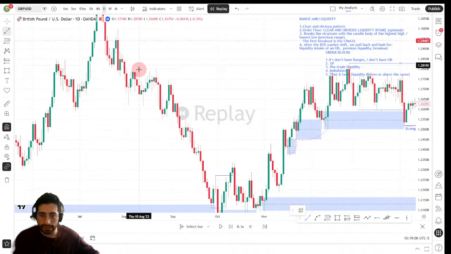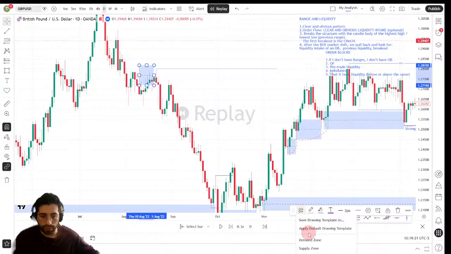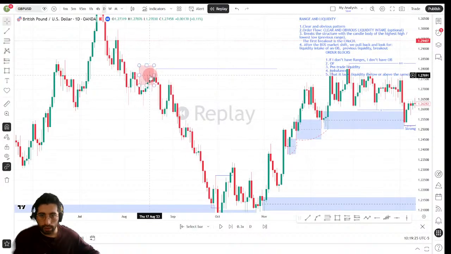Let's say that yes, this one works, right? Why does it work? Again, we have here order flow, and then it has a pattern inside of the order flow, right?